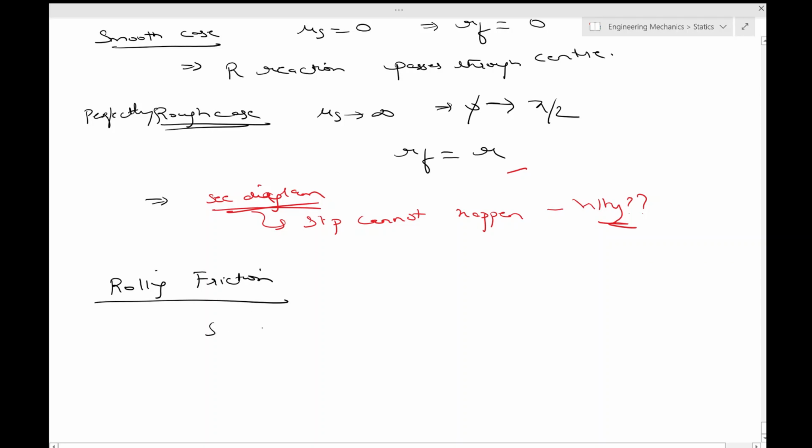So you should just see the solved example, because there is no new theory to be learned at this stage. So that's where you can close these discussions related to friction before we move on to the bars and trusses and beams. That would be the last topic of our discussion in statics.